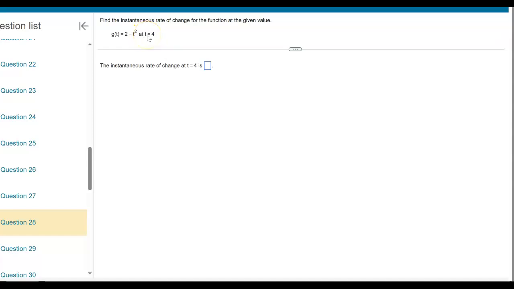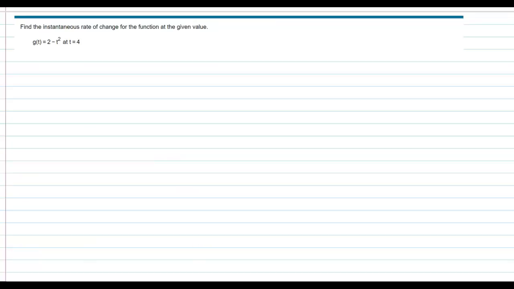So since we already know some properties of derivatives, then we could go ahead and use them. So in this problem here, we are just going to get the derivative. So we don't need to use the limit definition to find the derivative. We're just going to use the properties of derivatives.